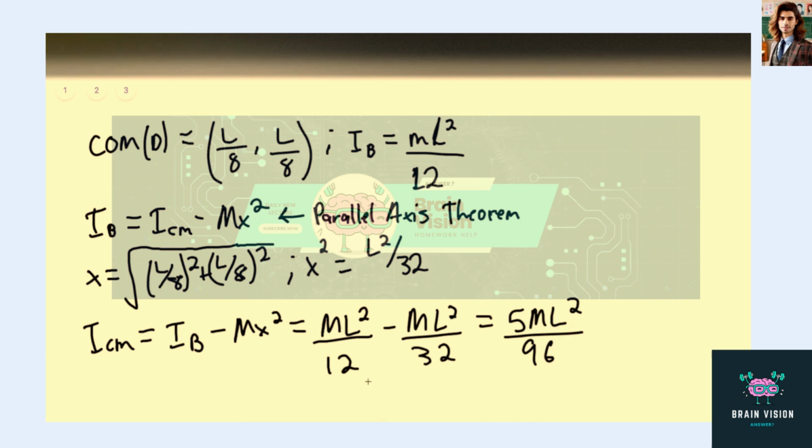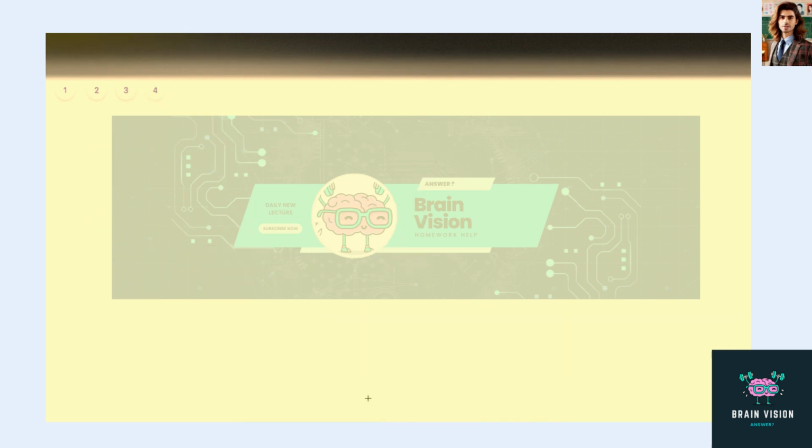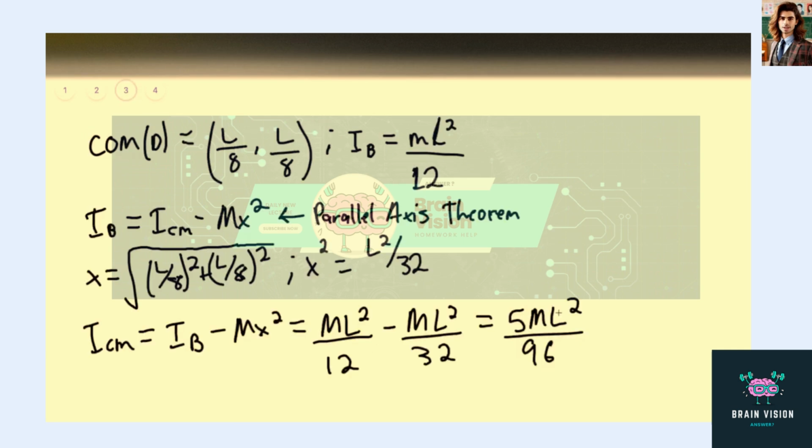And once we find this, we can then say, okay, IB prime is going to be equal to ICM plus mx squared. We can use the moment of inertia of the center of mass in order to figure out IB prime.